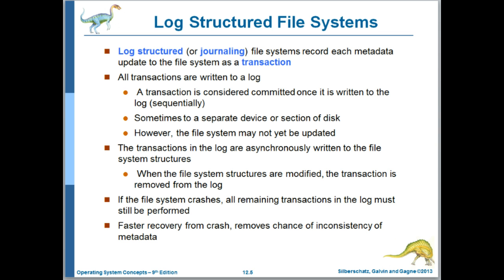Of course, if the journal isn't logging file blocks themselves, then a particular file might be in an inconsistent state. But in some sense, that's better than leaving the entire file system in an inconsistent state.